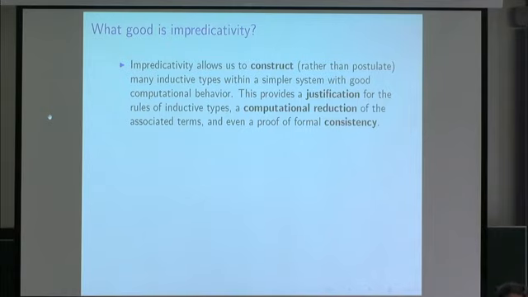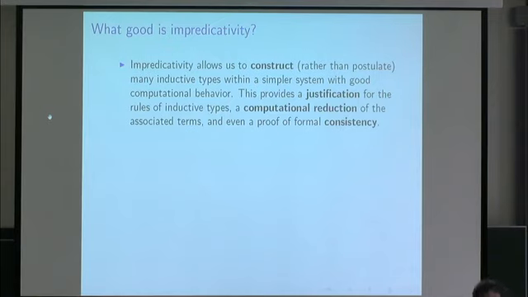So it has better computational behavior, and then you can construct these inductive types without worrying about normalization. In particular, it gives you a justification for the particular rules you've used, and it gives you a computational reduction of the terms. So that's a good thing when you're monkeying around with type theory, throwing in new things.